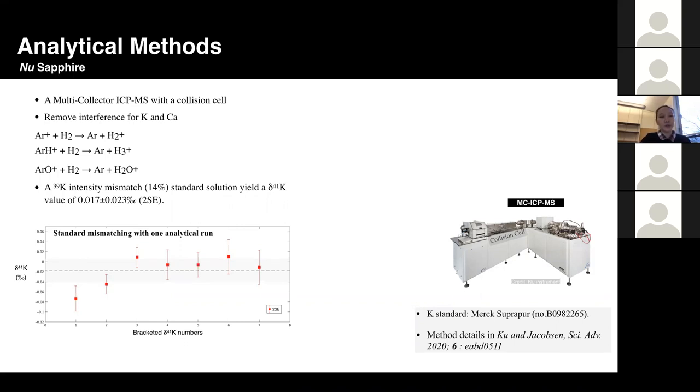Here we show that an intensity mismatch of 14% in the standard solution gives us a potassium isotope value with respect to the standard of 0.017, which is less than the uncertainty, meaning this instrument is performing well.